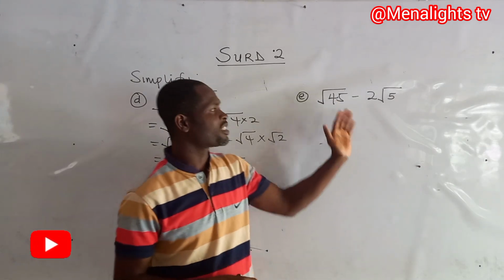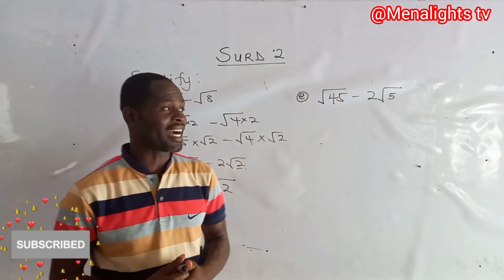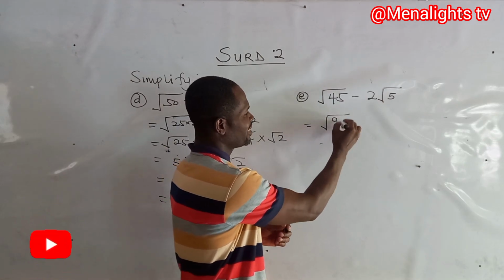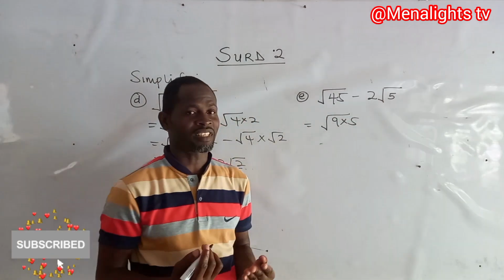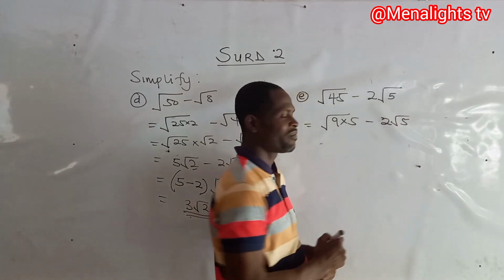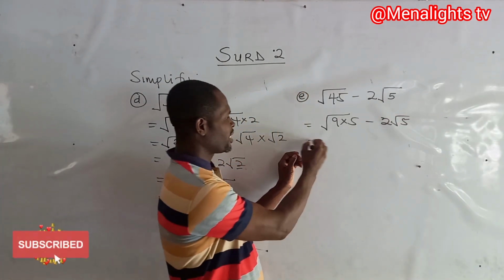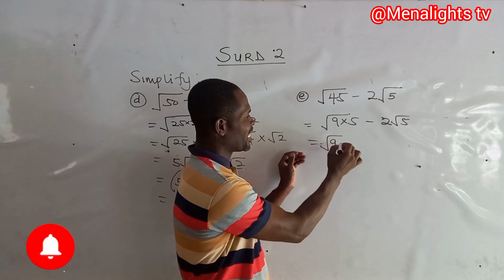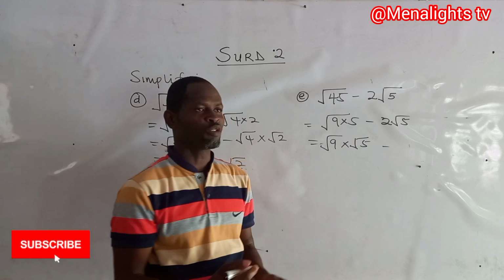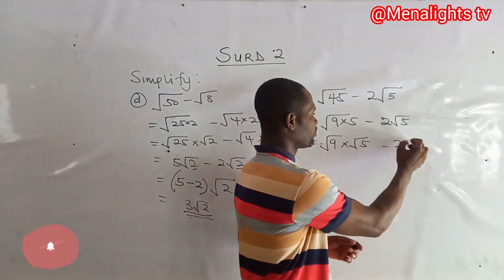We have the root 45 minus 2 root 5. So we break the 45 down, which is 9 times 5 will give us 45. So this is the same as root of 9 times the root of 5 minus 2 root 5.